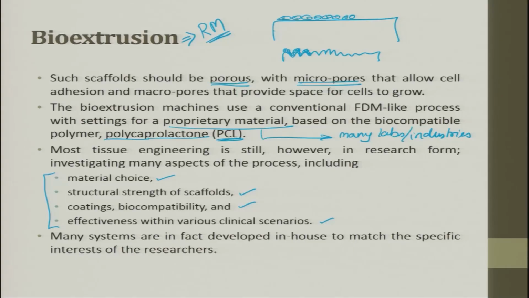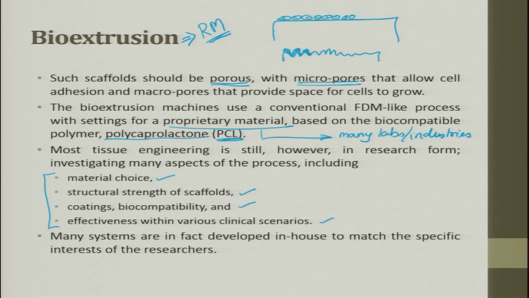Because you have made the live product which gets into the real time application directly. Here in bio-extrusion, people are now talking about only polymers. Slowly people have started moving towards ceramics, that is hydroxyapatite, and they are also now talking about whether we can directly extrude metals. That is the other thing which people are talking about.